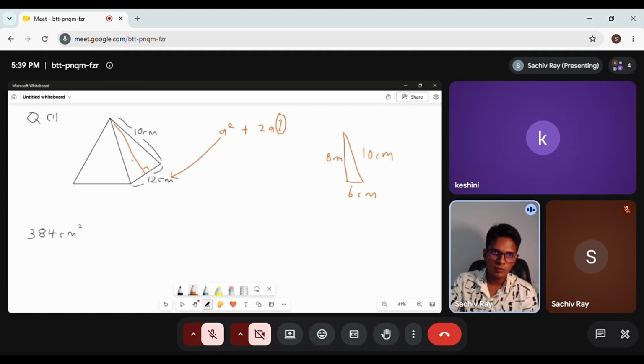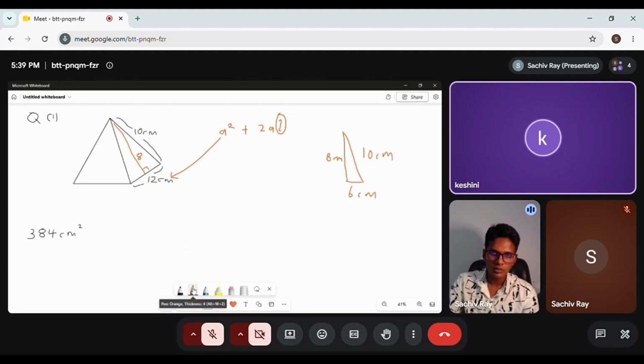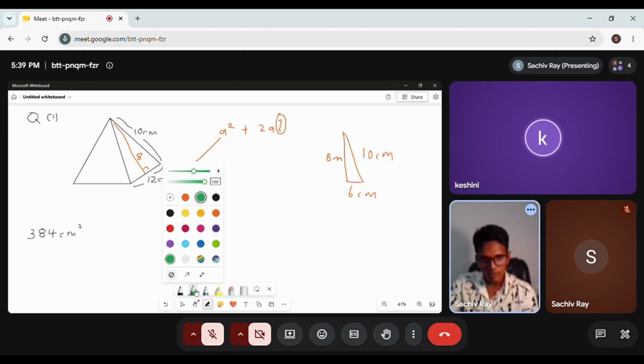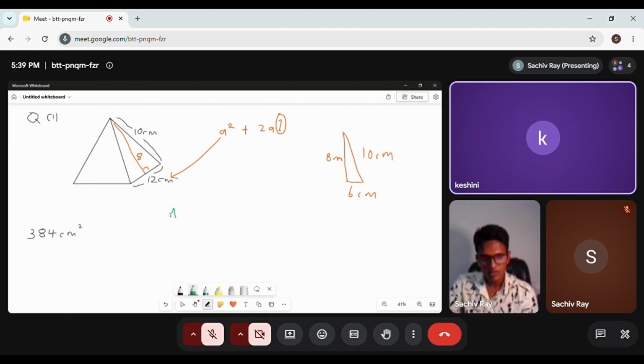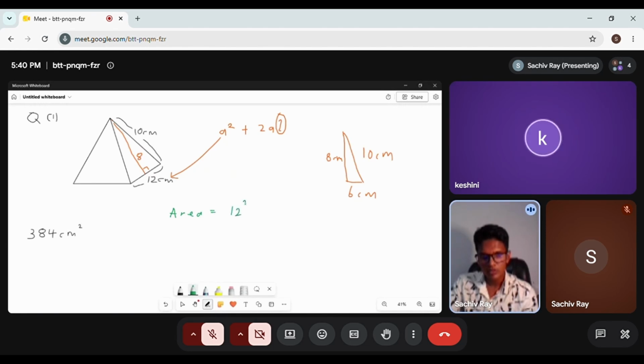So now we just have to apply the formula. L is going to be 8. Area would be 12 squared plus, we put a bracket, 2 times 12 times 8.